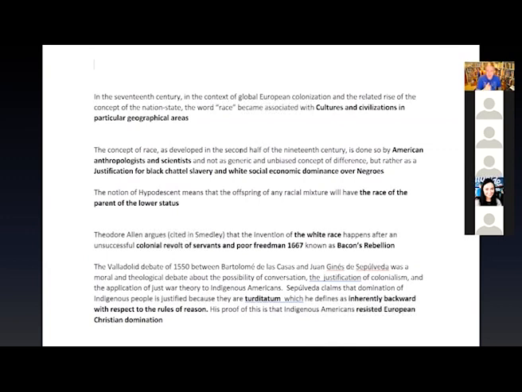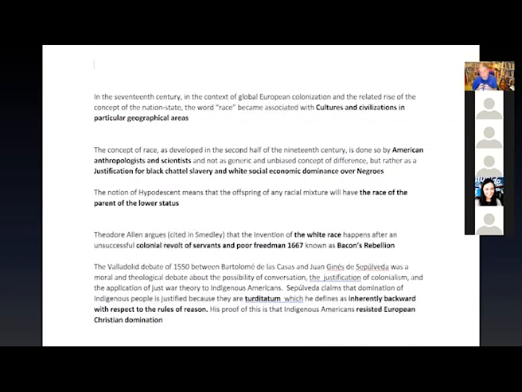Connected to that, in some of the really early concepts of race that we talked about, as that concept develops, particularly in the second half of the 19th century in America by American anthropologists and scientists, this new concept of race develops that is biological, not cultural or geographical.